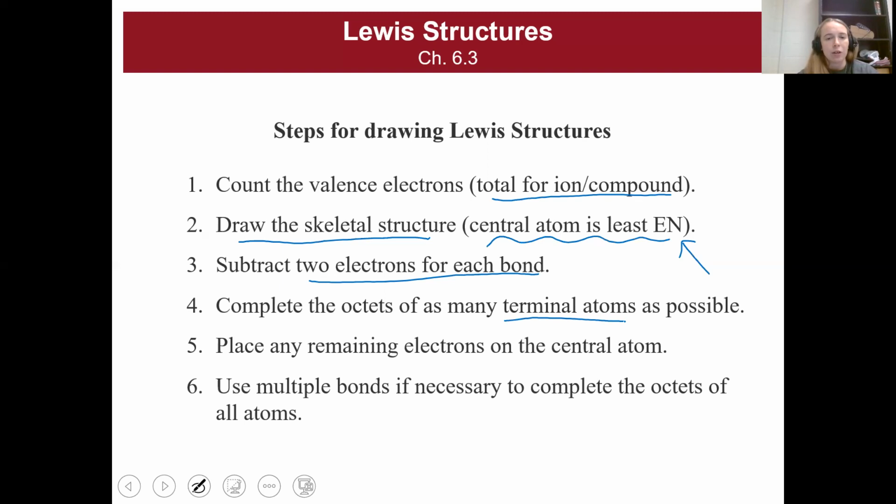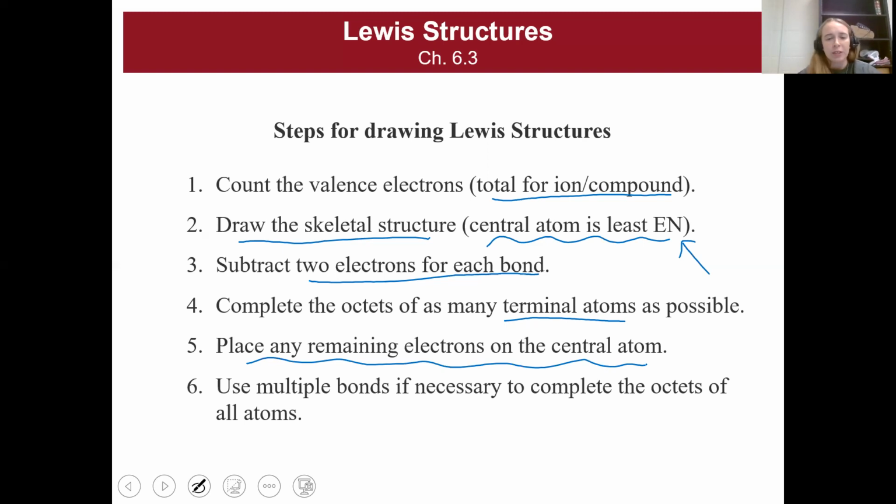If there are any electrons remaining at the end of that, you want to put them on the central atom, which is usually how we finish the octet for the central atom. Sometimes, as we'll see later, we can even put extra electrons on there beyond the octet, but we're going to start with the octet rule for today.